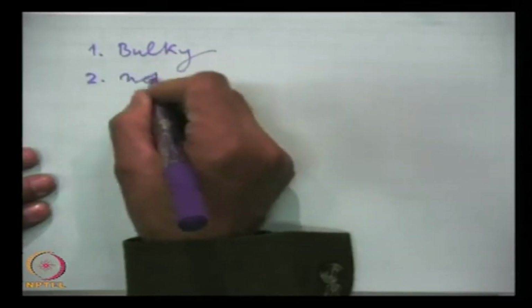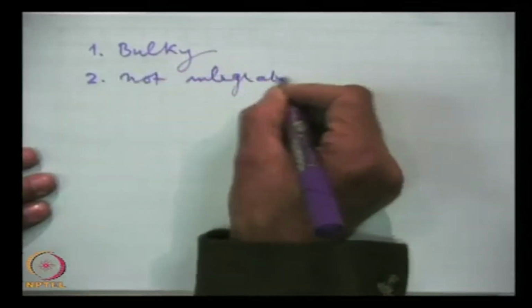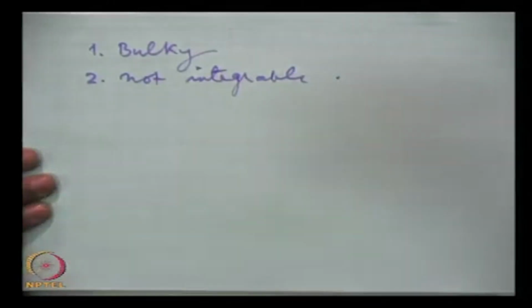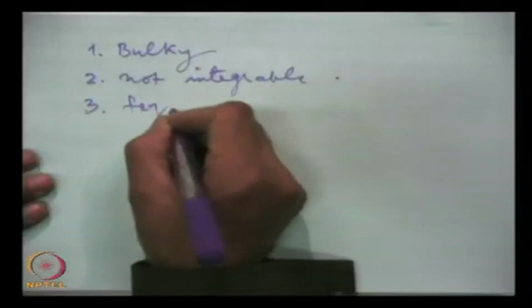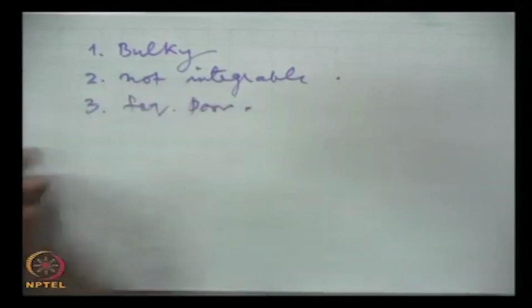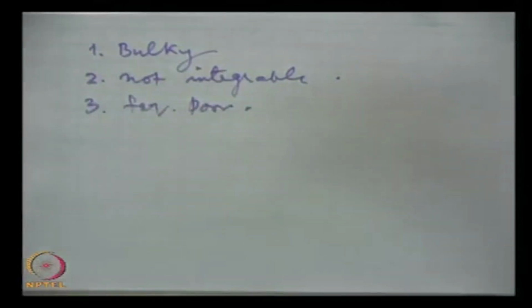One reason is transformers are bulky, they cannot be integrated, and their frequency response in general is poor. To have a high frequency response the transformer becomes very expensive. So for these reasons transformer coupling is not used, but a few applications are still reserved.